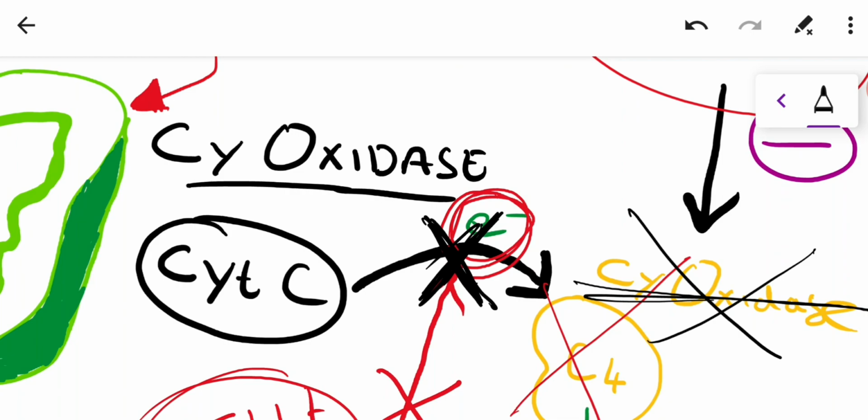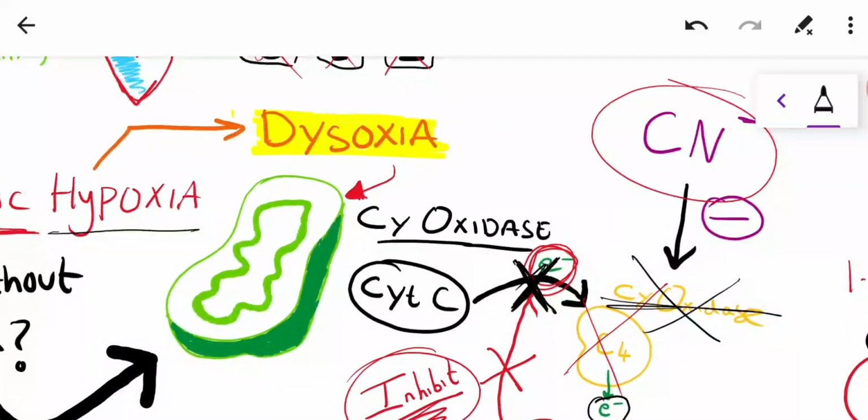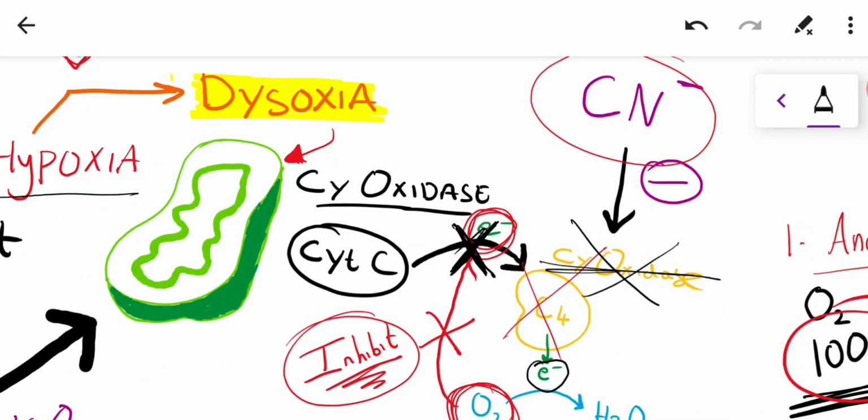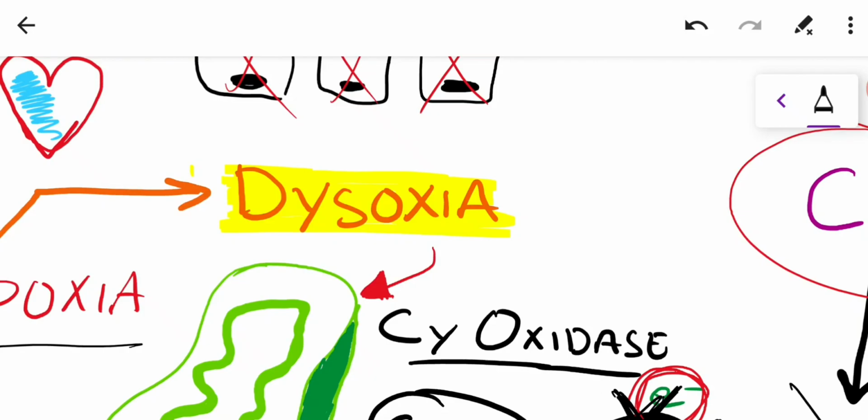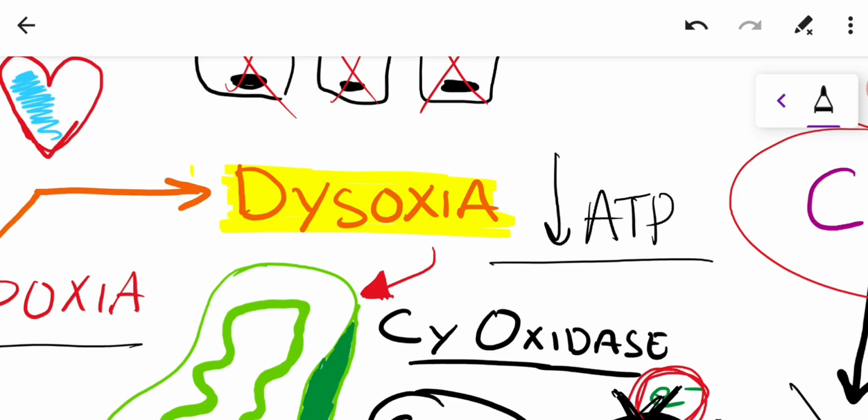If fewer electrons are being passed down the chain, that means fewer hydrogen ions are being made for us to use in the ATP synthase. Basically, in a nutshell, if you block this process, you'll get less ATP. What did I say about dysoxia? There will be less ATP, or there will be something wrong with the mitochondria that causes less energy.